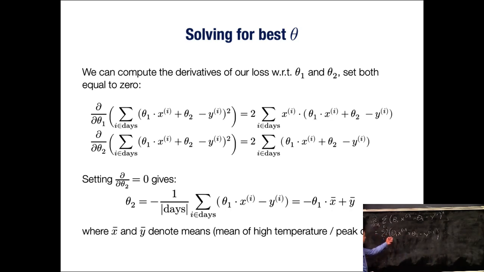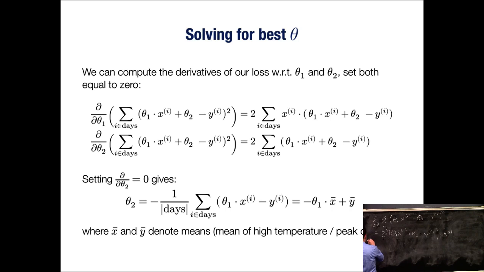And the derivative of this with respect to theta 1 is just xi, because that's the only term that multiplies theta 1. I wrote that in a slightly different order there, but it's all the same. Okay, so that's the derivative with respect to theta 1.